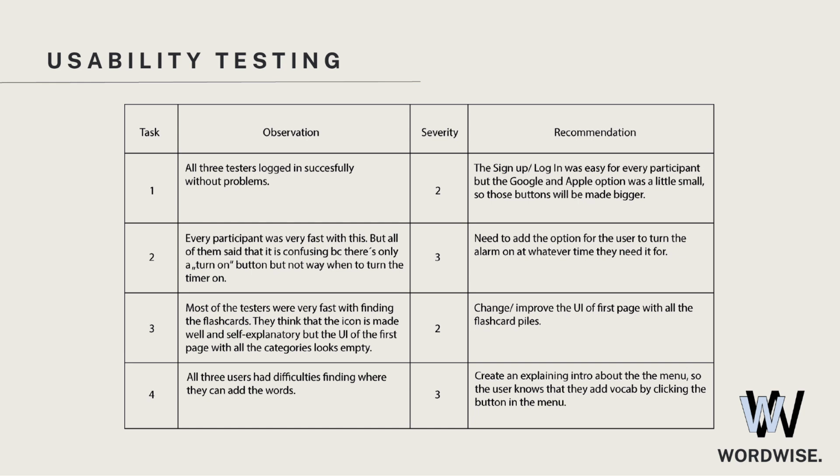The fourth task was to add new vocabulary to an existing flashcard pile, and all 3 users had difficulties finding where they could add that. So my solution will be creating an explanation intro so they know where they can access what in the menu bar.